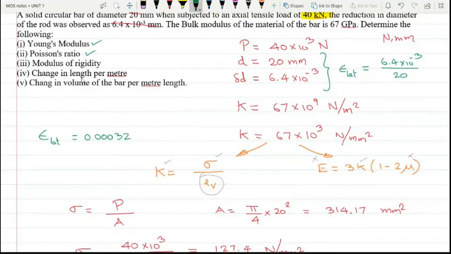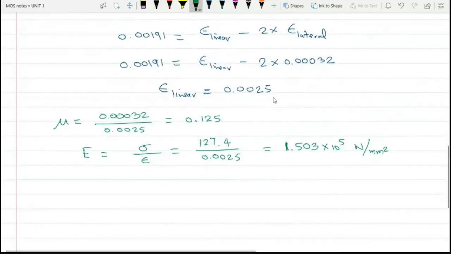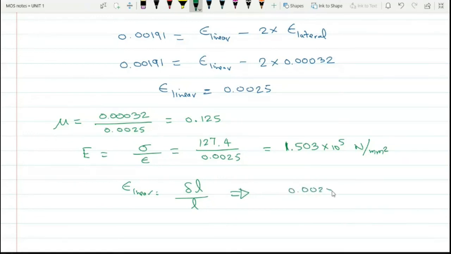So now change in length. We know linear strain, so from this I can identify change in length. Linear strain can be written as change in length by original length. So 0.0025 is equal to change in length by 1000.